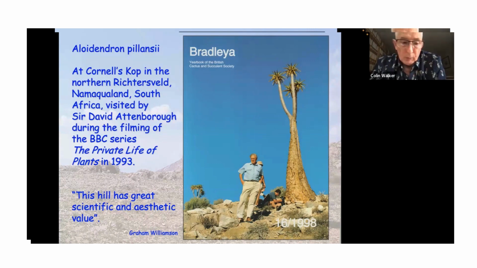The most recent population studies from 2022 indicate that there are somewhere in the region of between 5,000 and 9,000 trees of Aloidendron pillansii left in the wild, justifying its status as a critically endangered species. Of the six Aloidendron species, this is the most endangered of all.